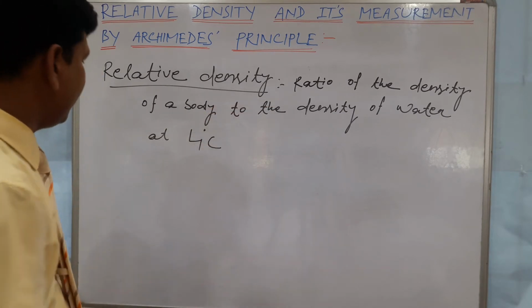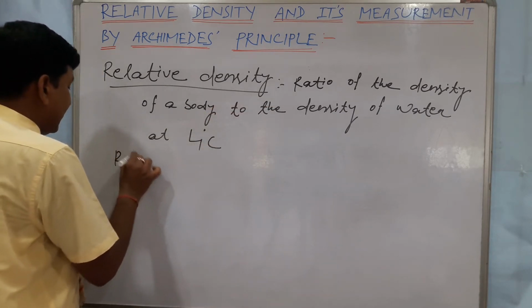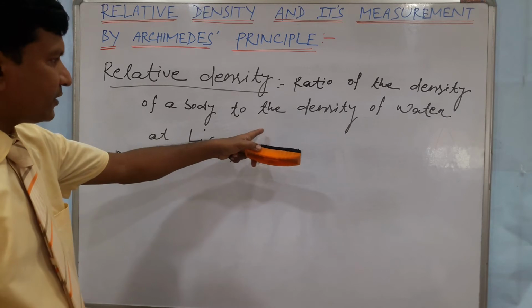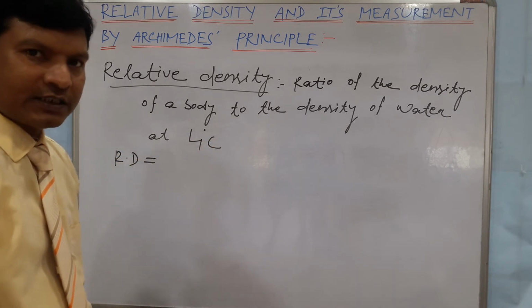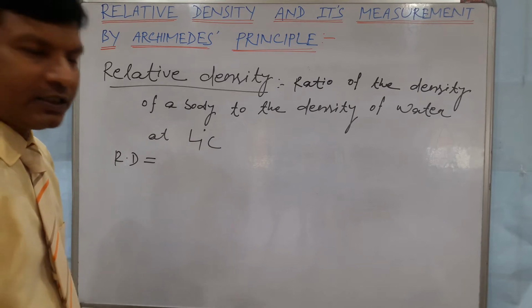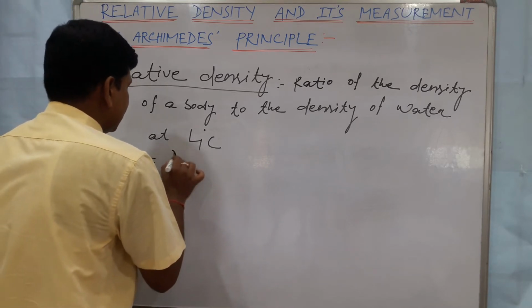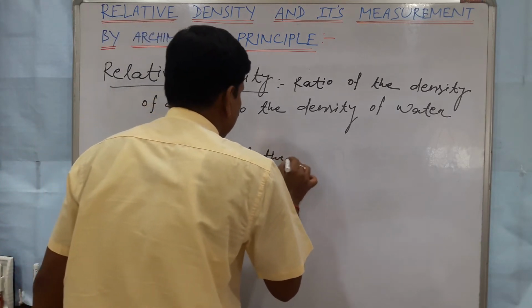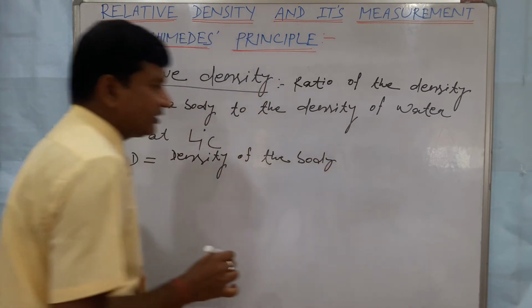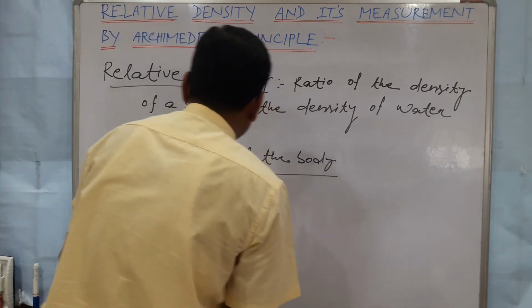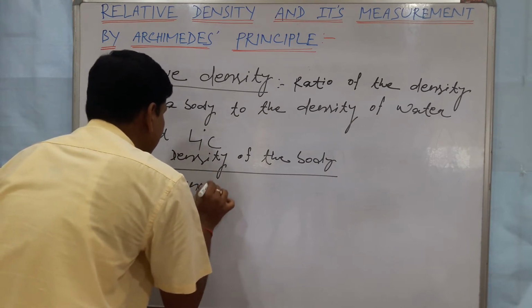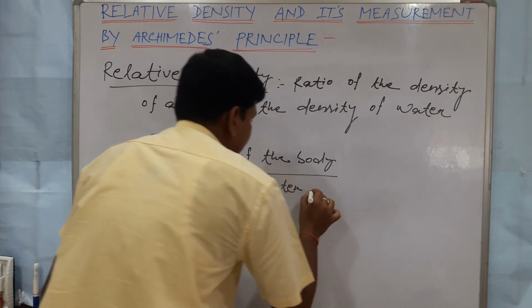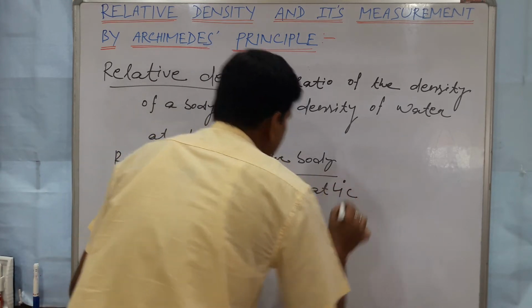So from this definition we can write relative density Rd is equal to the ratio of the density of the body, or the density of the substance, to the density of water at 4 degrees Celsius. So relative density is equal to the density of the body, or you can consider the density of the solid, divided by the density of water at 4 degrees Celsius, isn't it?